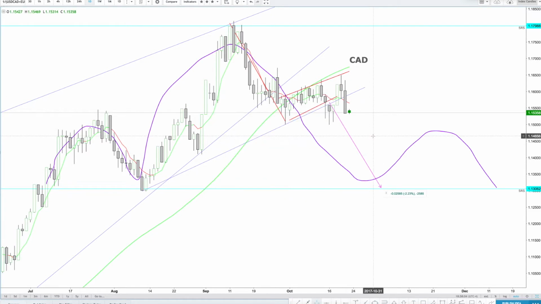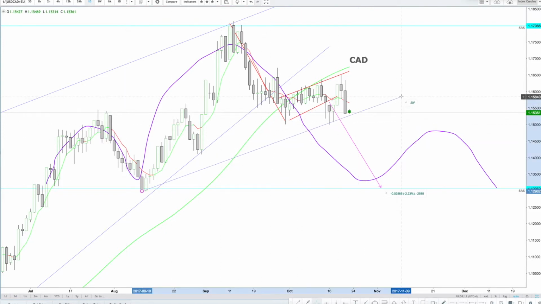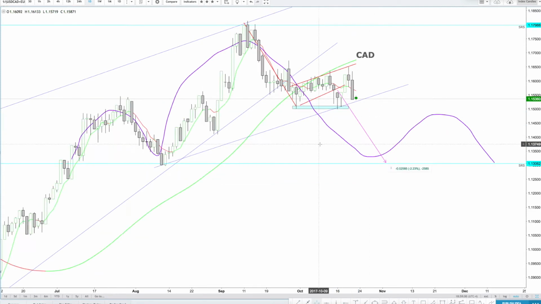Oops. This way. Still, on Thursday I did these lows right here. So we write Canadian down. Alright.